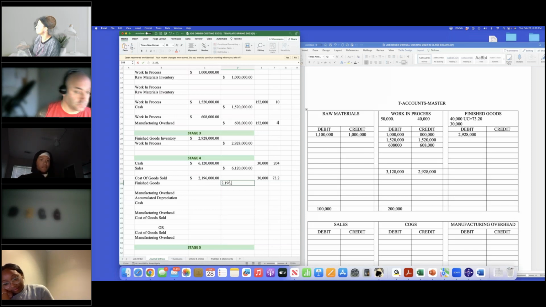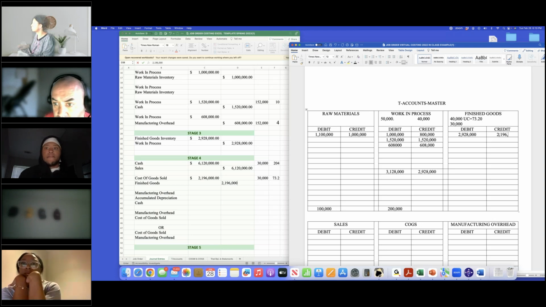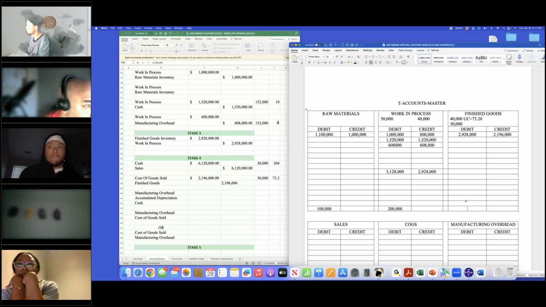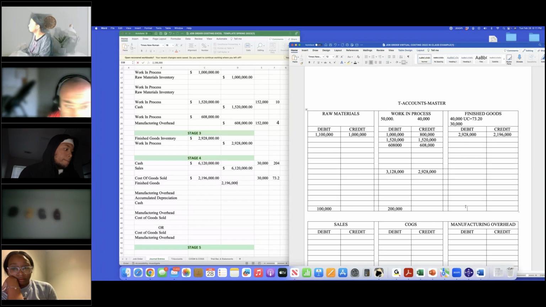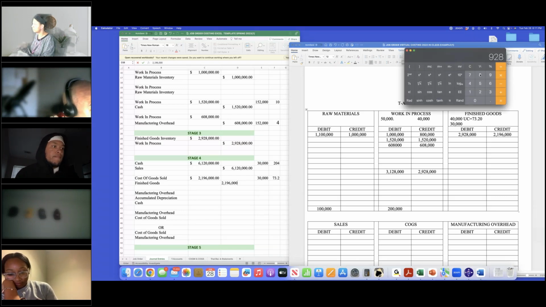So we're just making our standard journal entry. We would credit this account for 2,196,000. So how much does that leave in finished goods inventory? 2,928 minus 2,196 is how much? 732,000. Okay, 732.